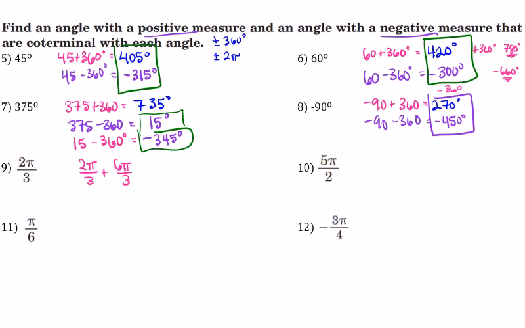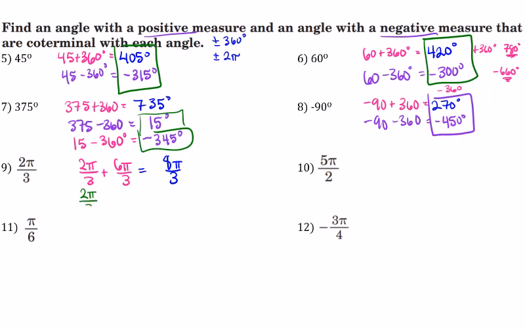And so what will happen is the denominator is going to stay the same. The pi will stay the same. The only thing that happens is I add whatever double the denominator is to the numerator. So 6 plus 2 is 8. So I get 8 pi over 3. So if you just think double the denominator and add it to the numerator, that'll give you a coterminal angle, okay?